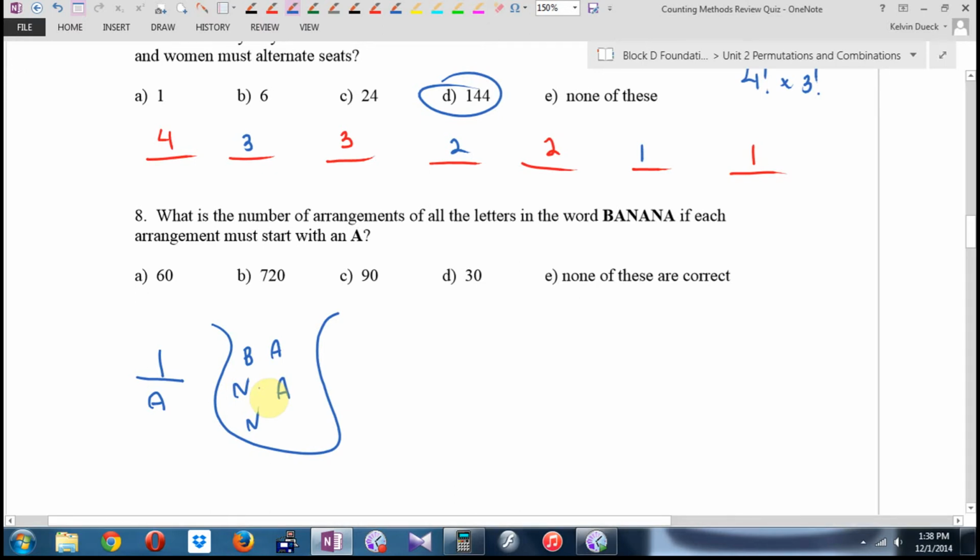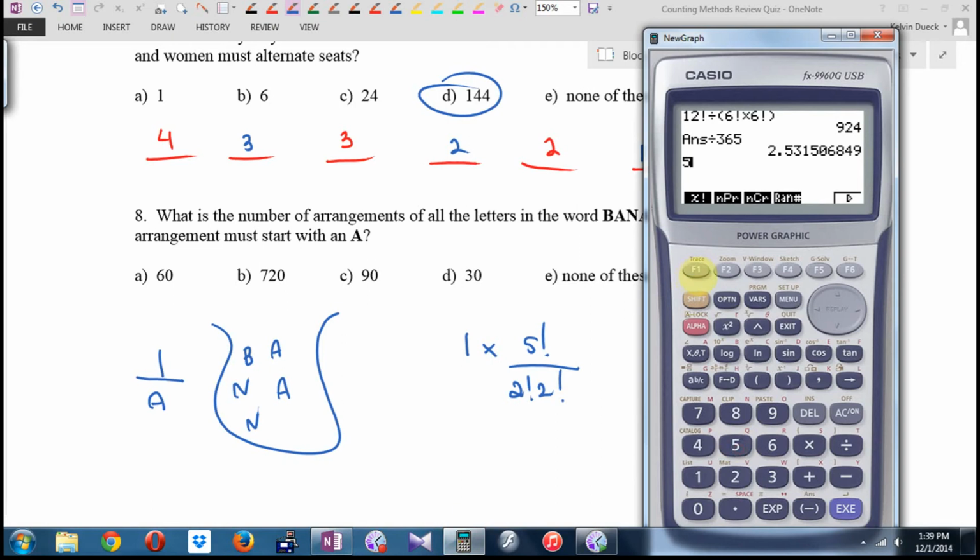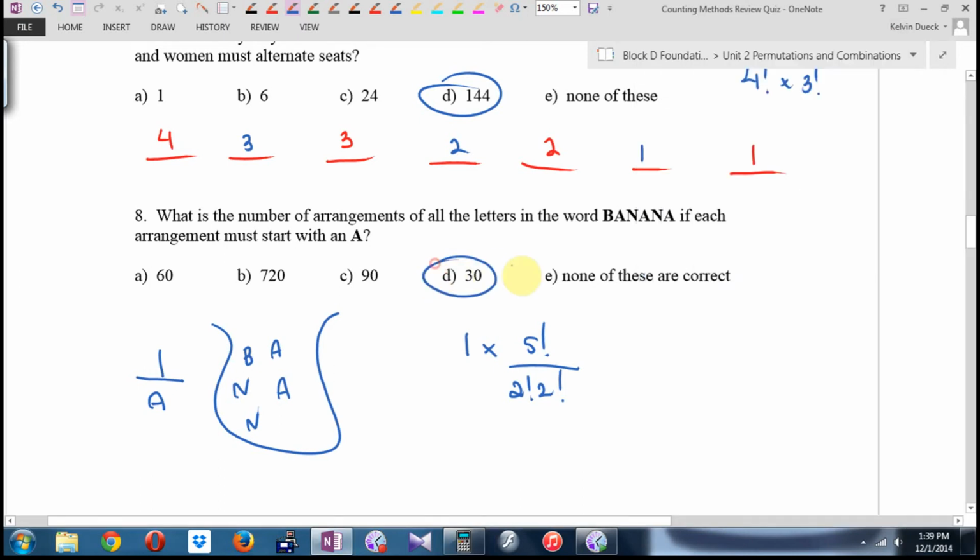So it's going to be 1 times, how many letters are left in my Scrabble bag? 5. Over any repeats? 5 factorial divided by, you know what? 2 factorial is 2. The bottom's a 4. 30? D.